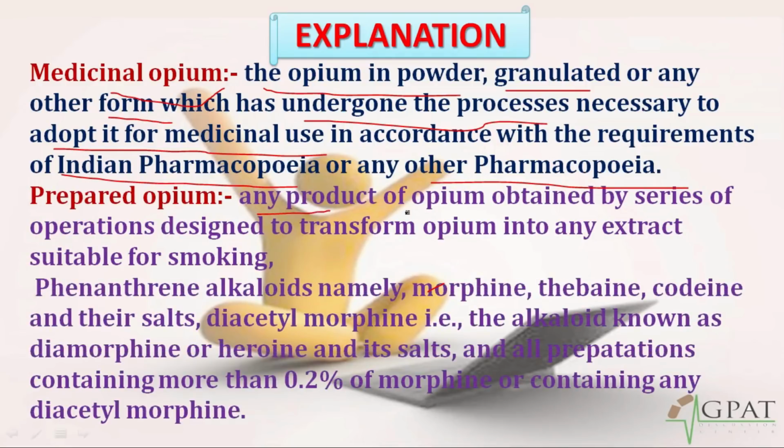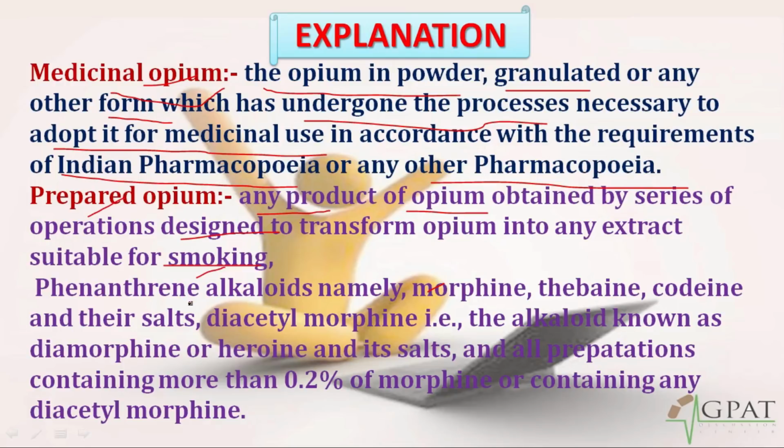Prepared opium is any product of opium obtained by a series of operations designed to transform opium into an extract for smoking, whereas medicinal opium is used for medicinal application and prepared opium is used for another purpose, that is for smoking.